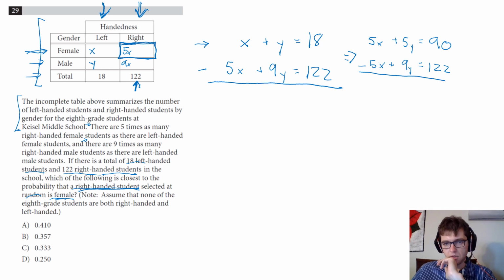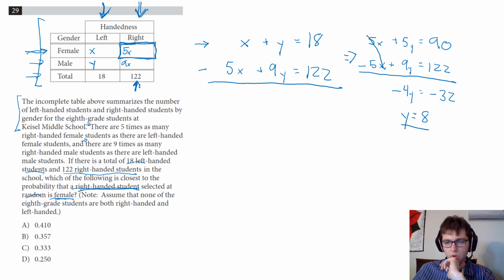Subtract. The 5X's cancel. 5 minus 9 is negative 4Y is equal to 90 minus 122, which is negative 32. So negative 32 divided by negative 4, Y is equal to 8. 32 divided by 4, you can do that on your calculator if you'd like.